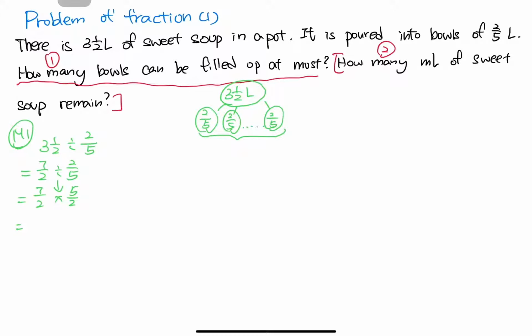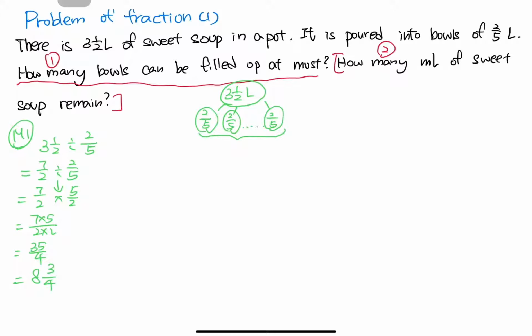But if we can't, we multiply the numerators and the denominators, which is 7 times 5 and then 2 times 2. You get 35/4, and then the answer is 8 3/4.